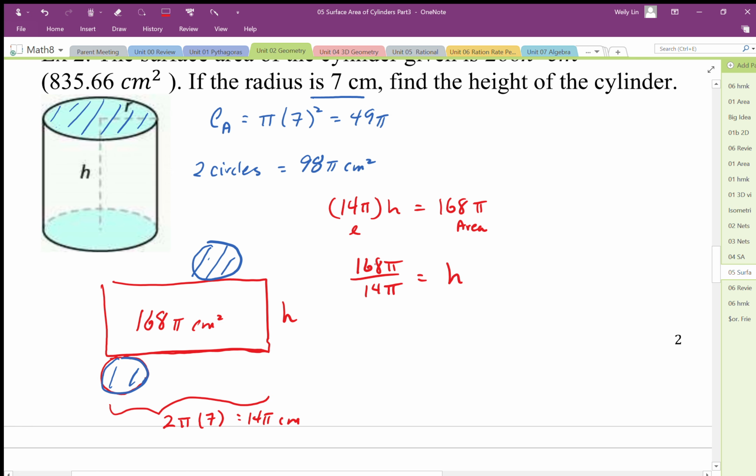So area divided by my width gives me the height. And this height works out to be 12 centimeters. Okay, so there's the height of this particular cylinder. It works out to be exactly 12 centimeters.